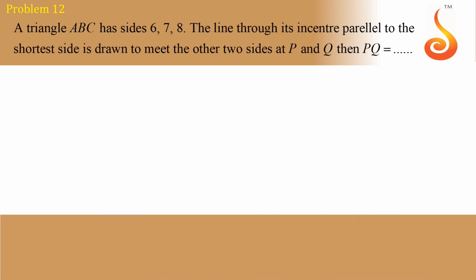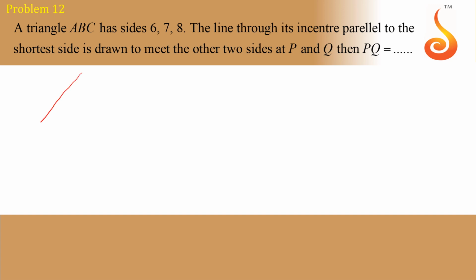Next problem. A triangle ABC has sides 6, 7, 8. The line through its incenter parallel to the shortest side is drawn to meet the other two sides at P and Q, then PQ equals dash.